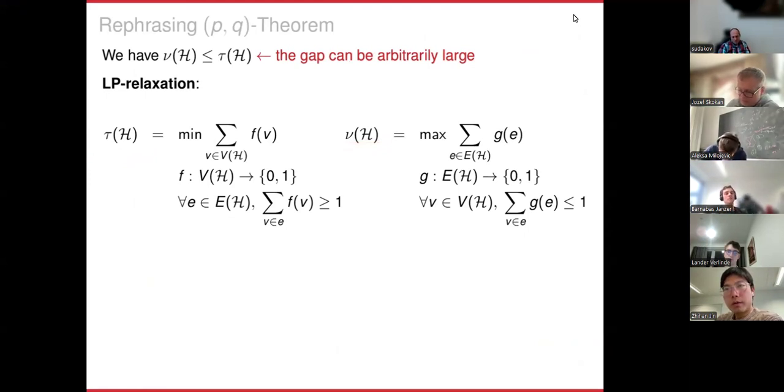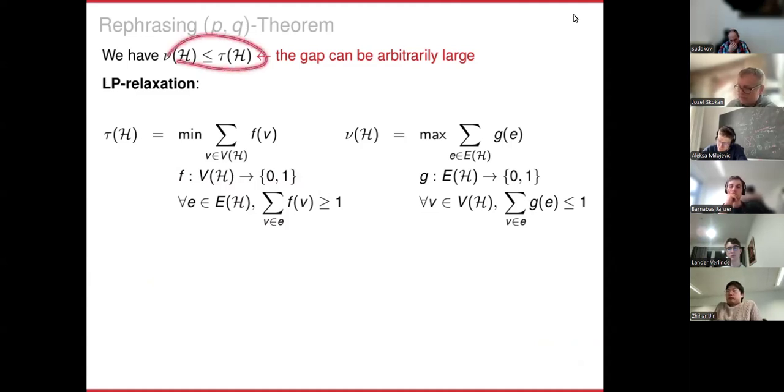For example, tau of H is the minimum of the sum of f(v), where v goes through the vertices of the hypergraph, where f is a function from vertices to the set {0, 1}, such that for every edge in my hypergraph, the sum of the values of f(v) over the edge is always at least 1. Essentially, f will be the indicator function of the set that meets all the edges, okay? And I can similarly define the linear program for the matching number.